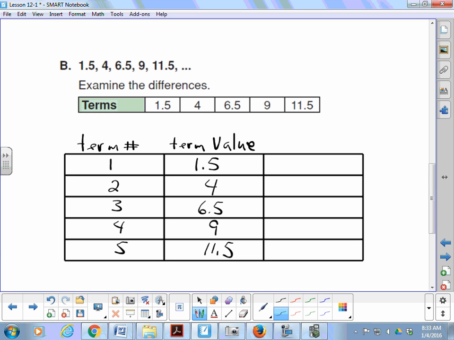If we try first differences, 4 minus 1.5 is 2.5, right? 6.5 minus 4 is 2.5. So each time we are adding 2.5, right? Okay. So to get to the second term, we're doing 1.5 plus 2.5 one time.